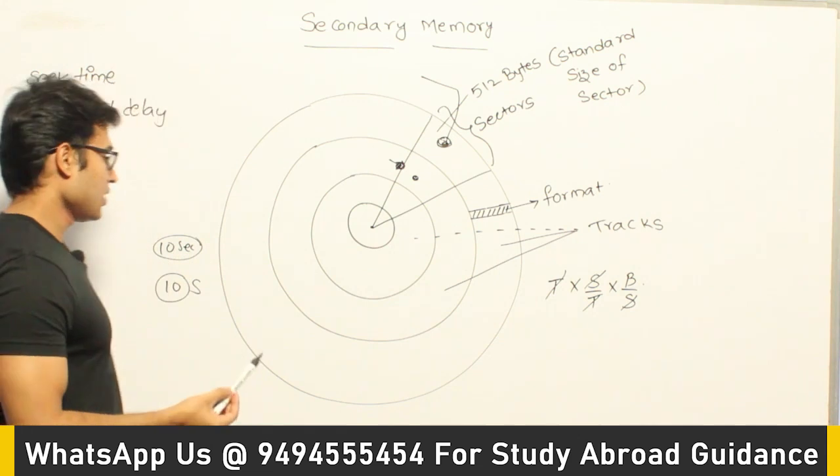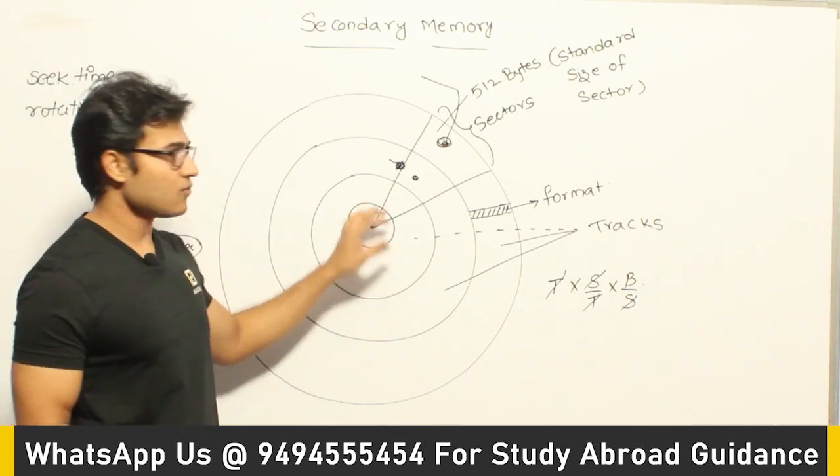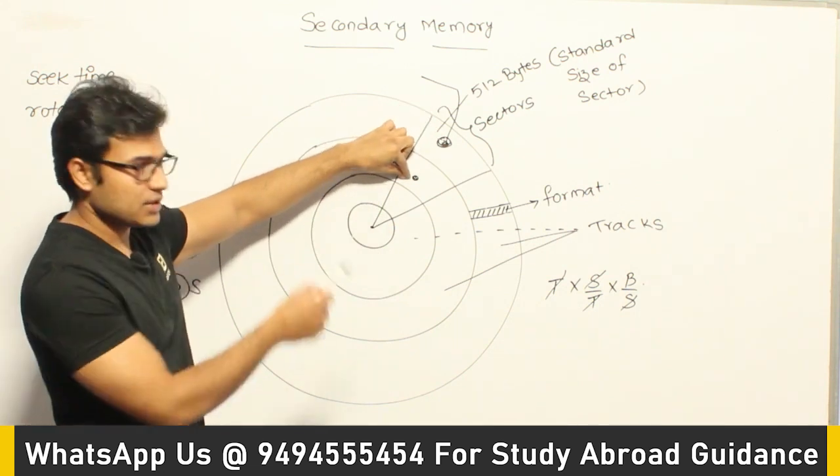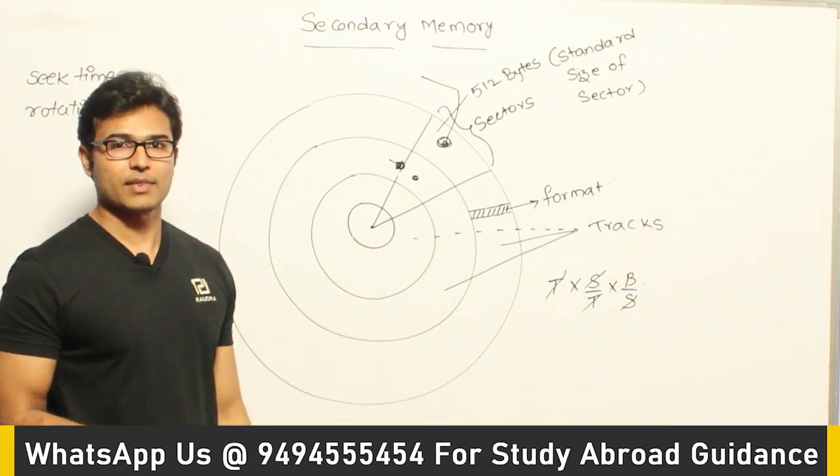Got it? Therefore, the access time for the hard disk is going to be, one is the seek time, other is the rotational delay, and the other is time taken to actually read or write the data. Got it?